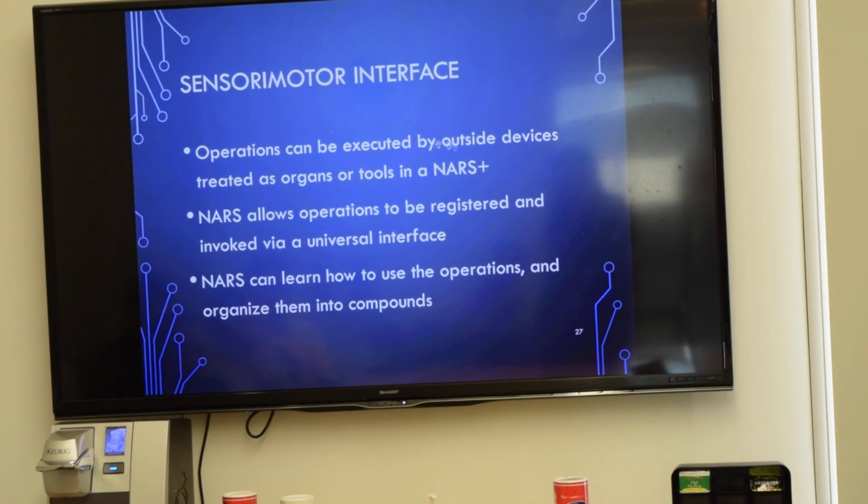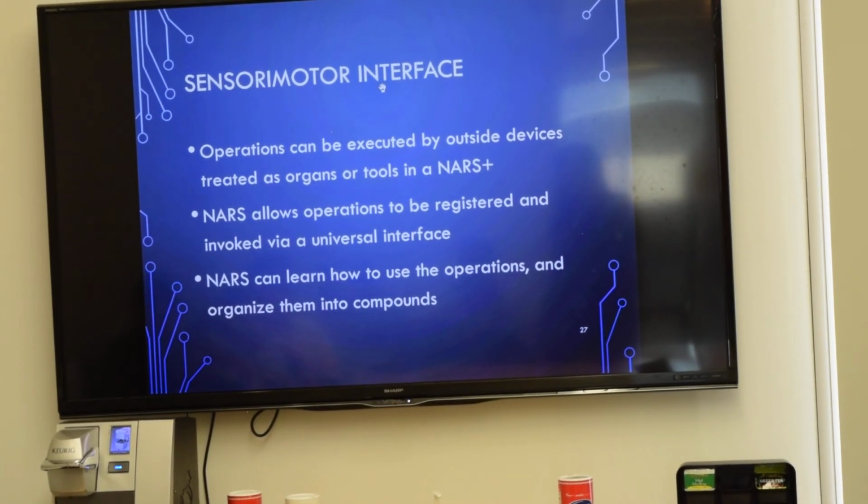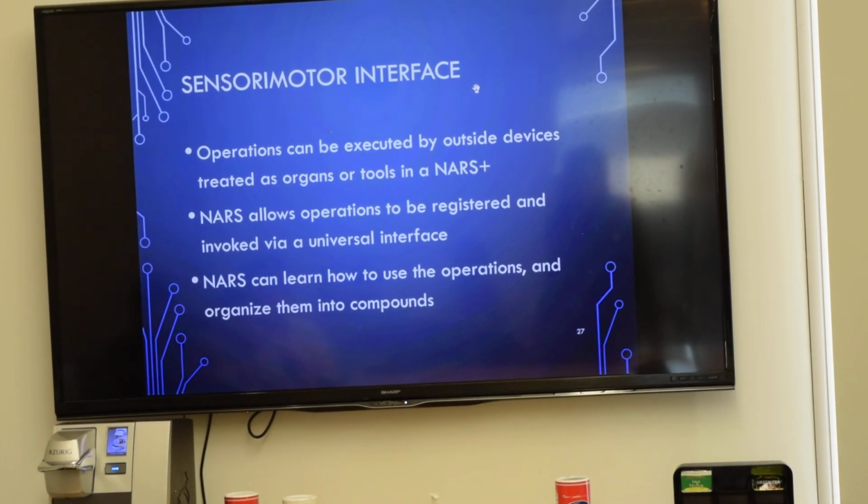So for that reason, in the system currently, we already have what we call a sensorimotor interface. I don't need to understand how it works. It's like we don't understand how this thing works, but we have a remote control. There are 5 buttons. I know if I press this button, something will happen, I will see that. I don't know the inside magic.